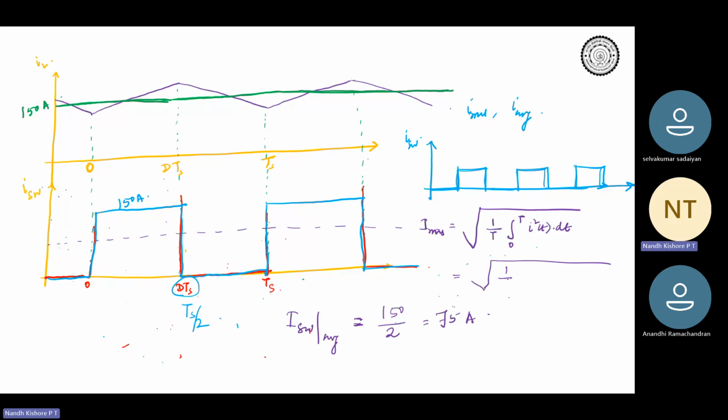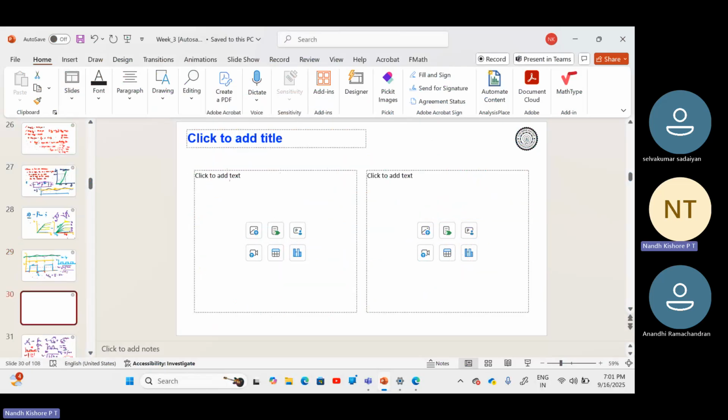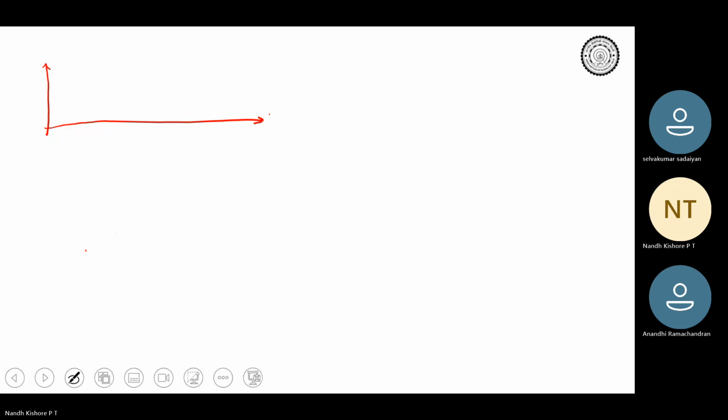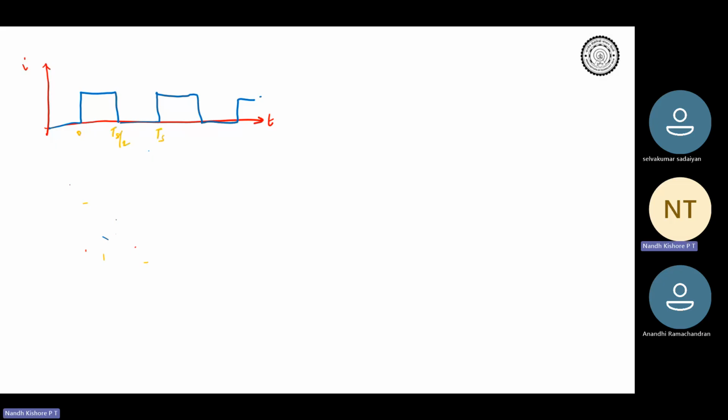So the waveform is 0, Ts by 2, Ts, and this is 150, this is 0, this is 150, this is 0, and so on. We saw this, right?